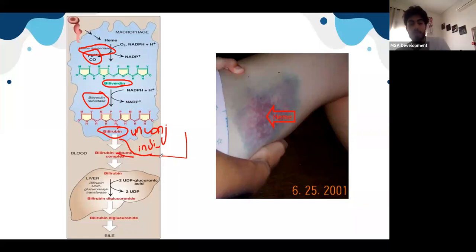When it binds to albumin, it can get transported in the blood to the liver. Albumin makes it less toxic and able to be transported in the blood. It needs to be further degraded in the liver.